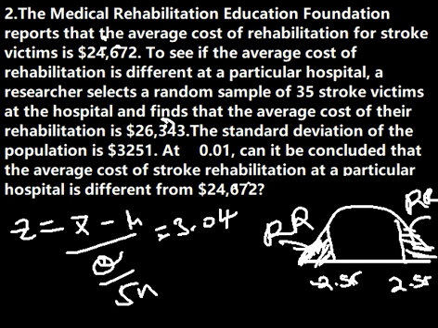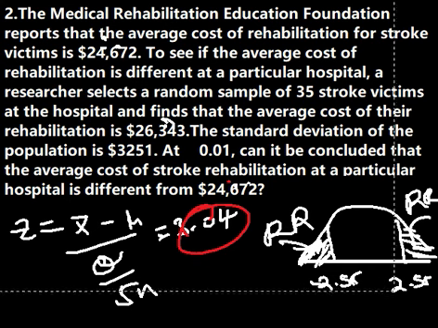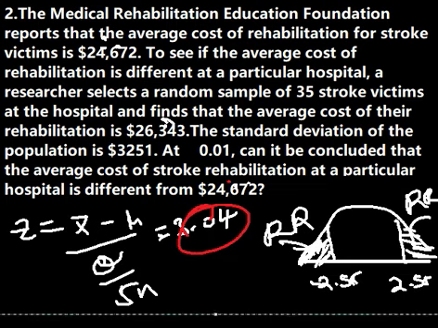It is really true that the average cost of stroke rehabilitation at a particular hospital is different from this one, because the test value is found within the rejected region. So take note of that. That's how you should understand the principles behind hypothesis testing.